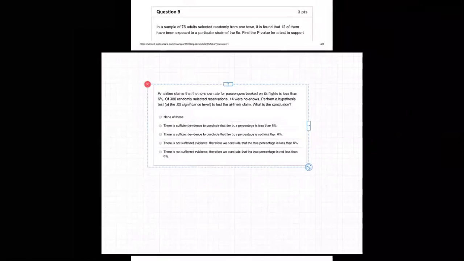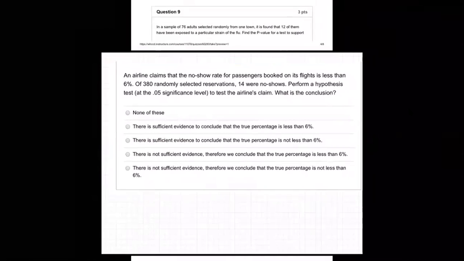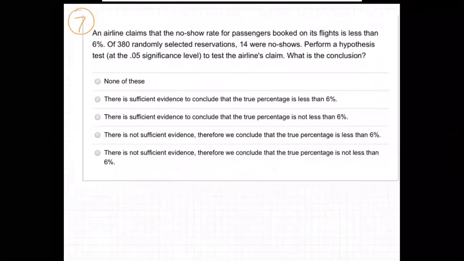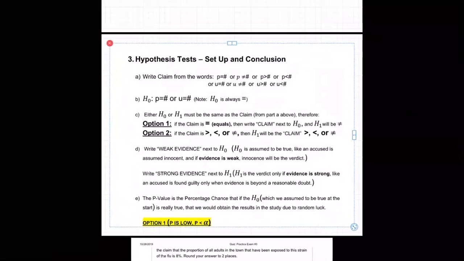All right, there it is. This question 7. All right, and I'm going to add the notes down below it.